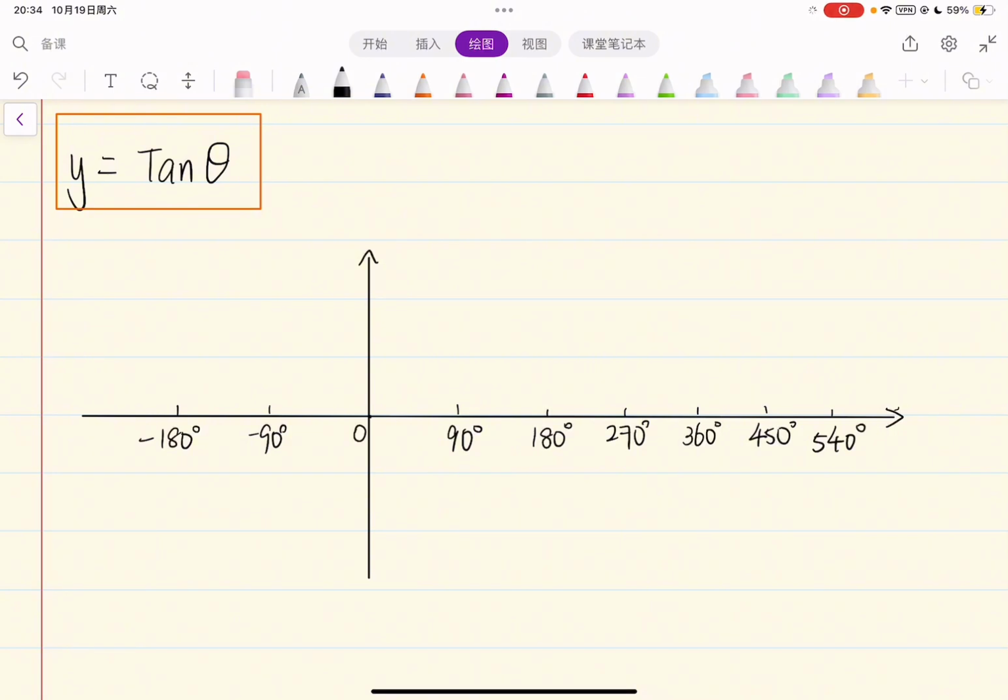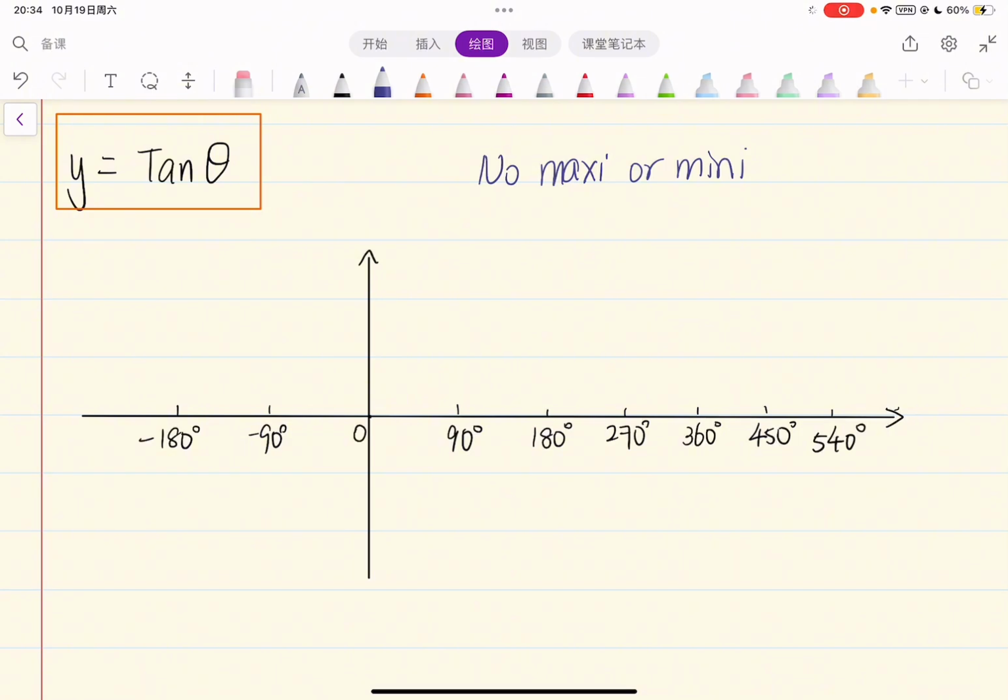Now let's look at the graph of tangent. Unlike the graphs of sine and cosine, y does not have a maximum or minimum value. For some values of theta, the value of y is undefined, since the graph of tangent has vertical asymptotes.